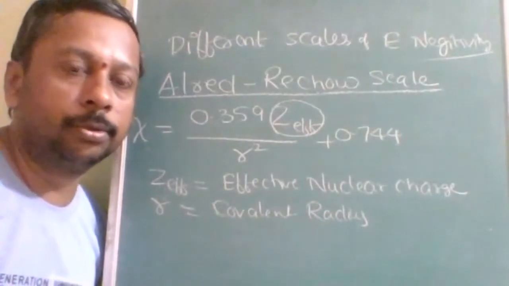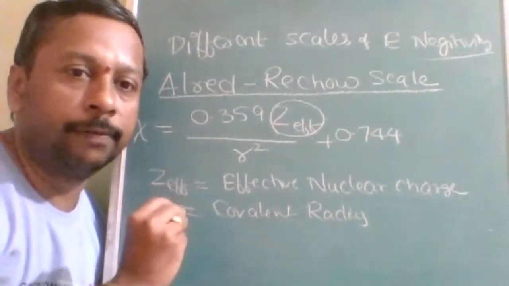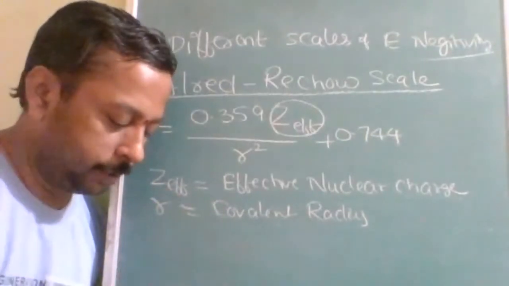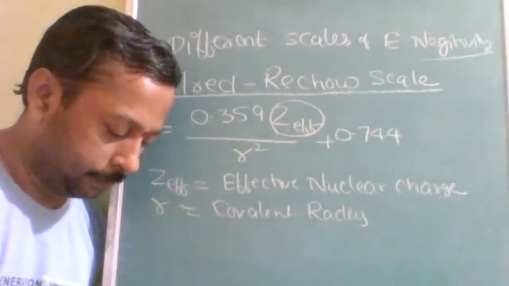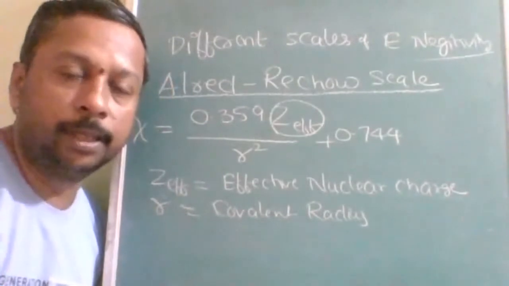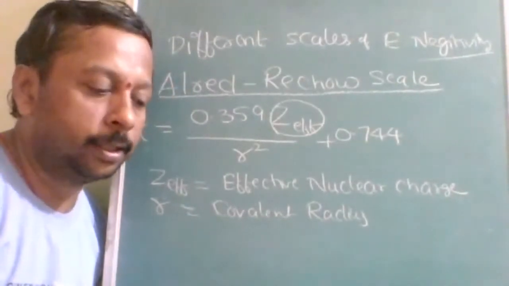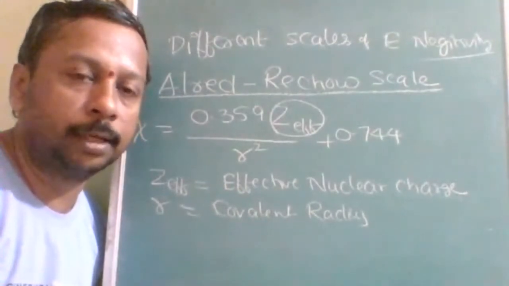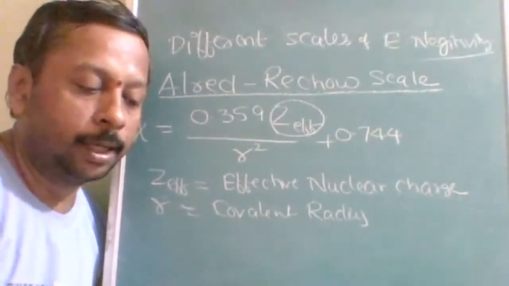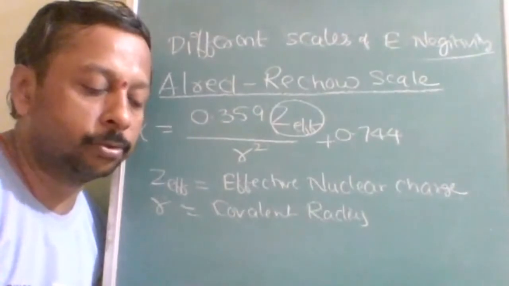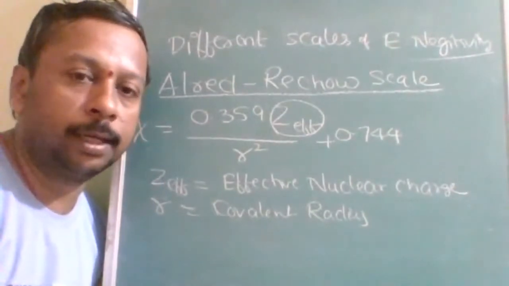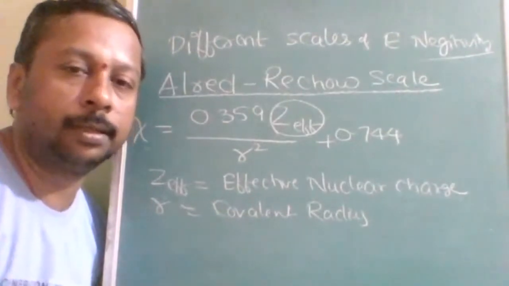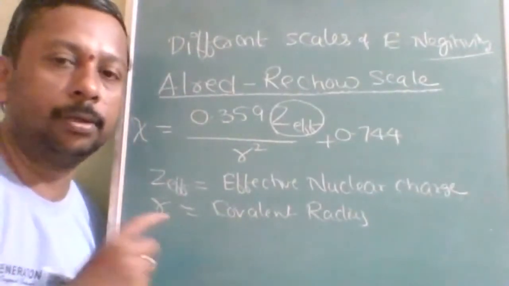So, three different scales, three different references. First one is the Pauling scale, defined on the basis of bond energy. Then the Mulliken scale is defined on the basis of electron affinity and ionization energy. The Allred-Rochow scale depends on the effective nuclear charge and covalent radius. Okay, note down this formula.